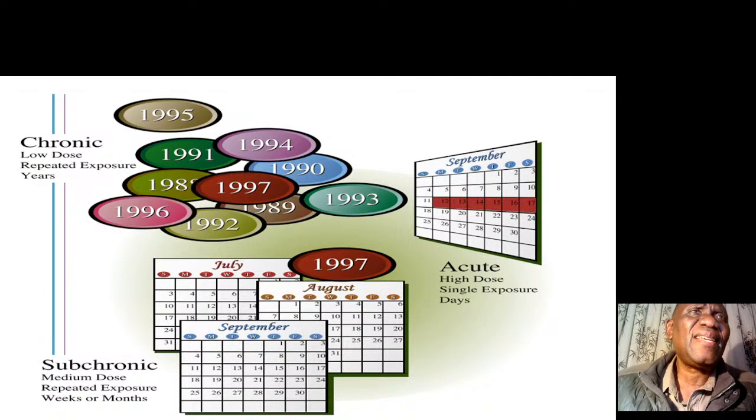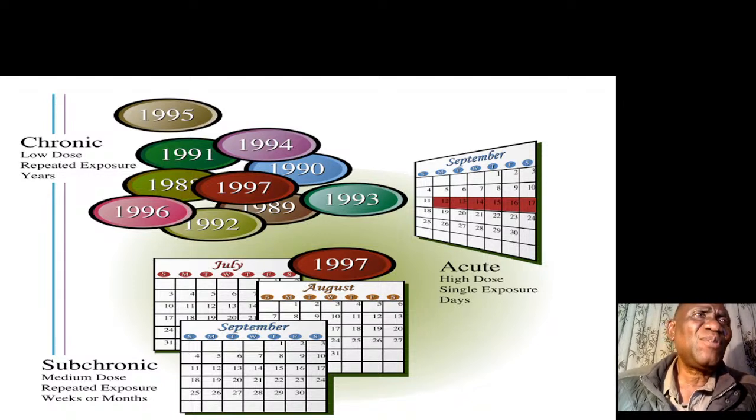Here on this slide, we wanted to simply explain the levels of toxicity. What we measure within a short time, it could be within days, is what we call acute toxicity. It has immediate effects after exposure to the pesticide.